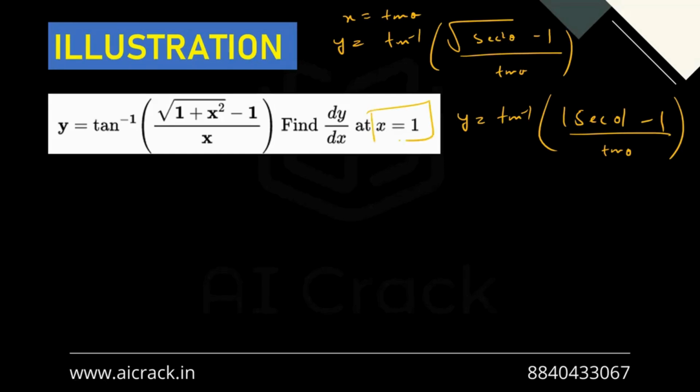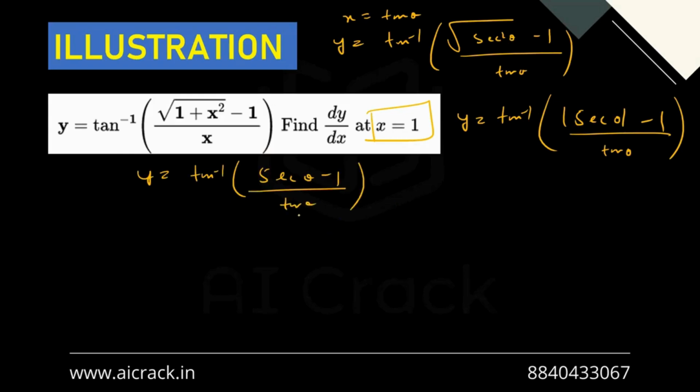Now, when we say x equals 1, we say that theta is pi by 4, right? Now, when theta is pi by 4, that is in the first quadrant, we can simply write modulus sec theta as sec theta only, right? So we have y equals tan inverse of sec theta minus 1 divided by tan theta, right?